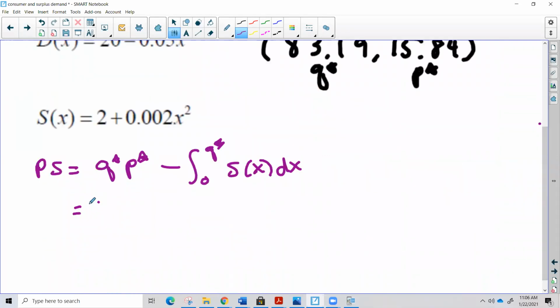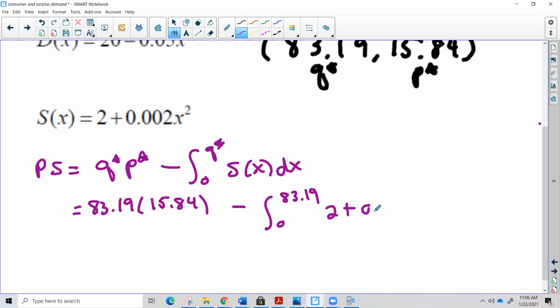Okay. So again, we have 83.19 times 15.84 minus the integral from 0 to 83.19, and then my supply curve, which is 2 plus 0.002 x squared dx.